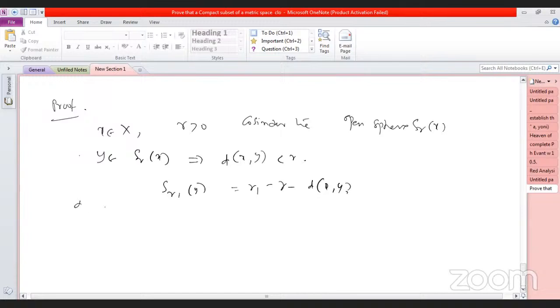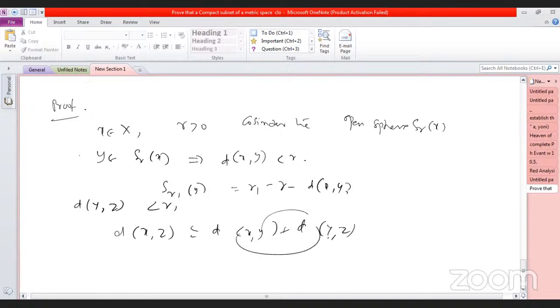Therefore d of y, z is less than r1. d of x, z is less than or equal to d of x, y plus d of y, z. That is less than d of x, y plus r1, which equals d of x, y plus r minus d of x, y. You can do it this way also, Narayana. Is that right?